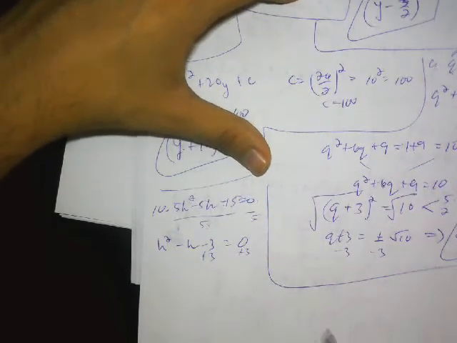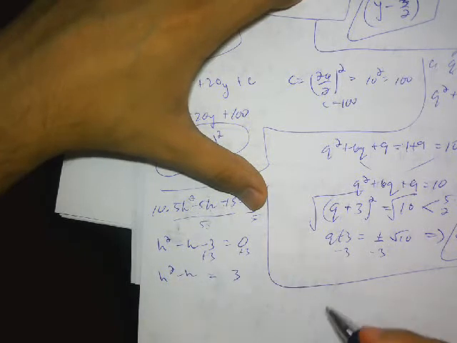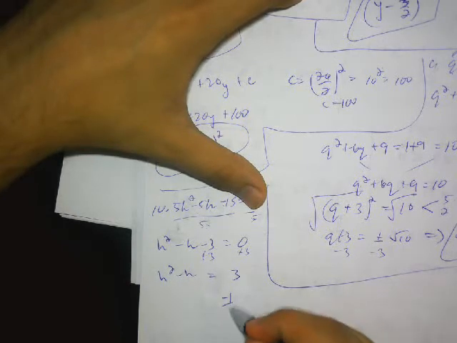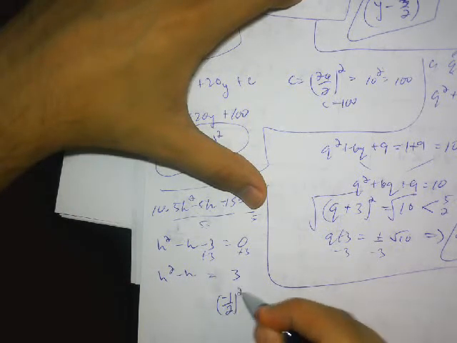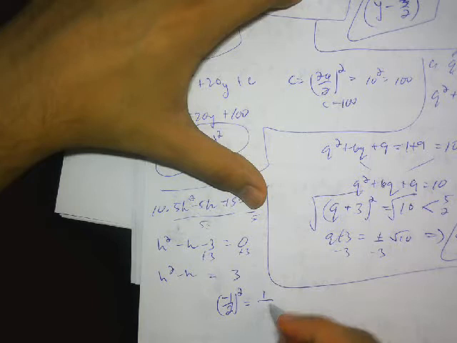So we get negative 1 times negative 1 is positive 1. 2 squared is 4. So I'm adding 1/4 here, and I'm adding 1/4 here. So now I get h squared minus h plus 1/4 is equal to 3 plus 1/4.